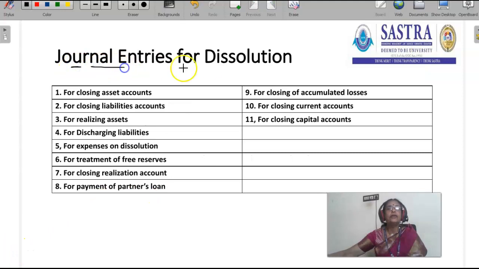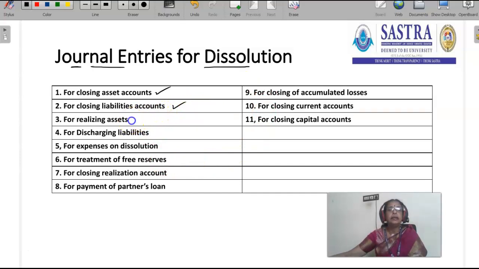On dissolution of the partnership firm, we usually pass journal entries in the following areas. First, we close the asset accounts and transfer the assets to the realization account. Then, like assets, we have to close the liabilities accounts. We have to close all the books of accounts in the balance sheet.